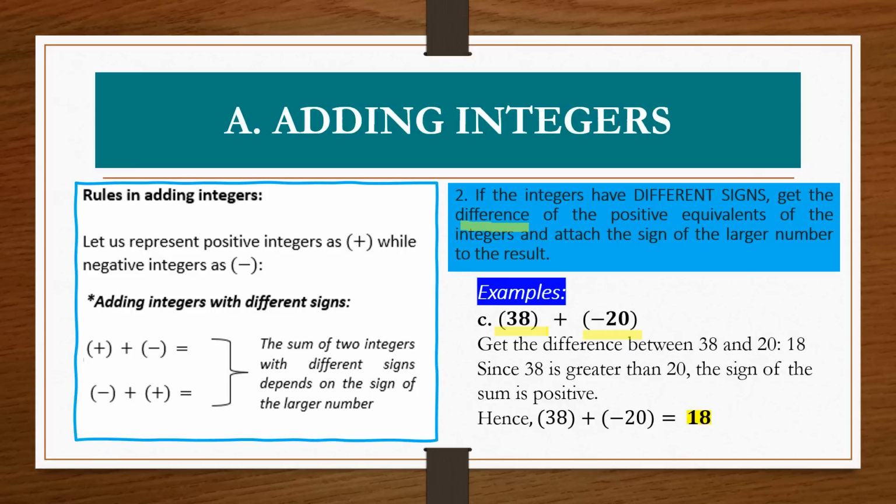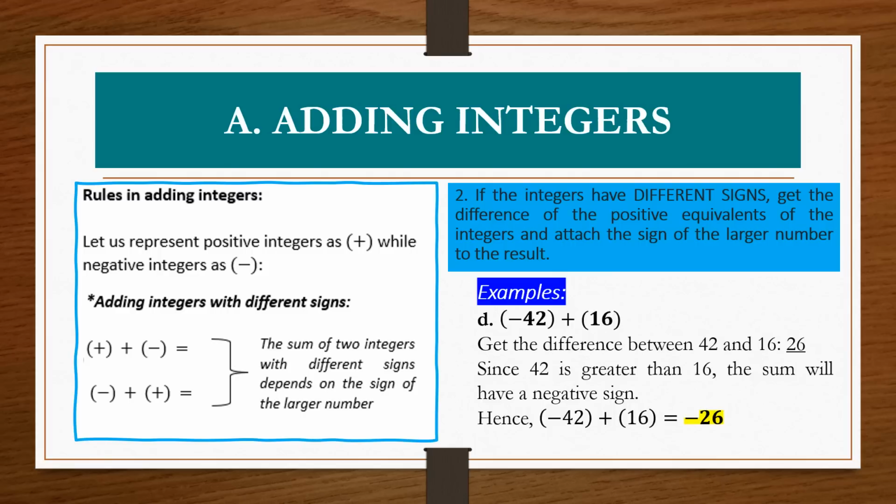In short, when we are adding a positive and a negative number, we have to subtract their positive equivalents and then get the sign of the larger number. That applies as well if we are adding a negative and a positive integer.